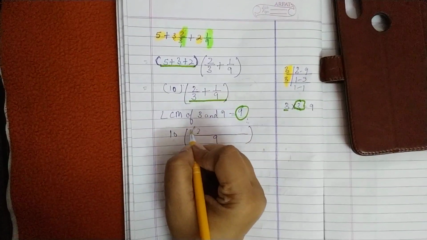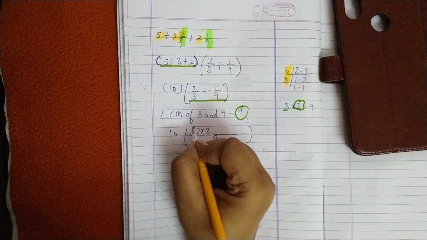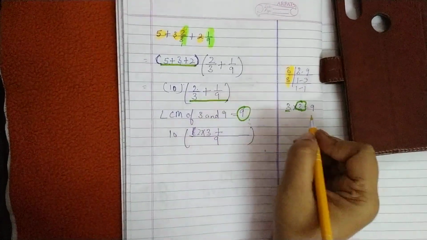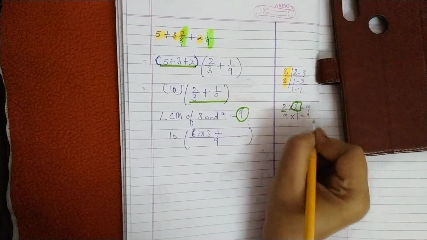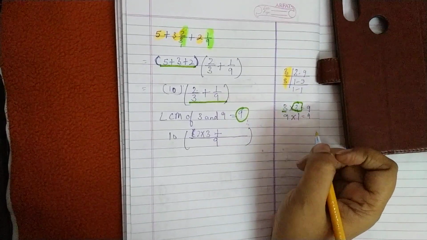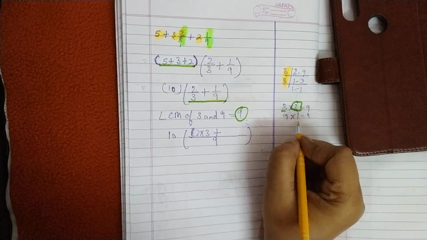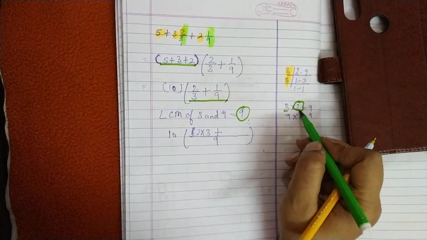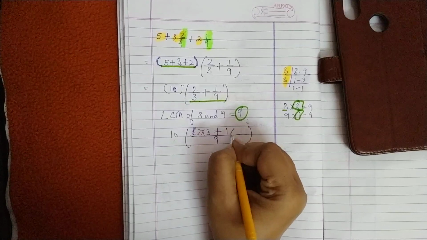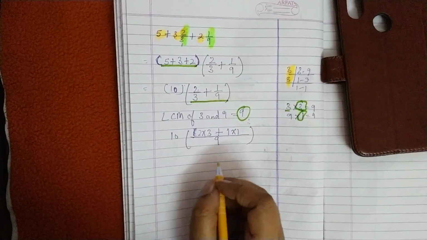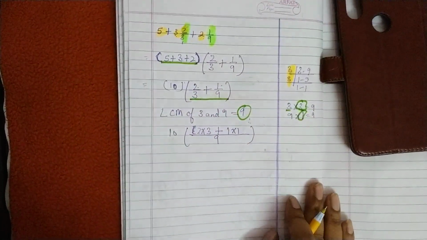So 2 into 3, plus 9 into 1. 9 into 1 is equal to what, children? 9. Yes, are you getting me? So 9 is already here. Pick this one. So 1 into 1. We will multiply this 1 with numerator 1. This step is clear, children?